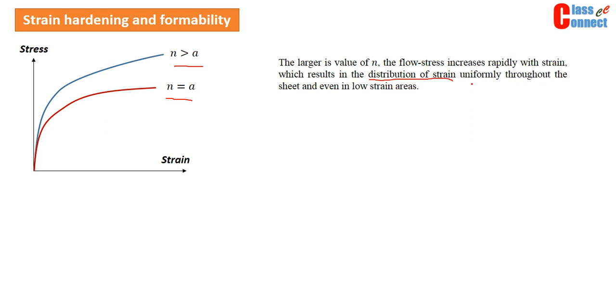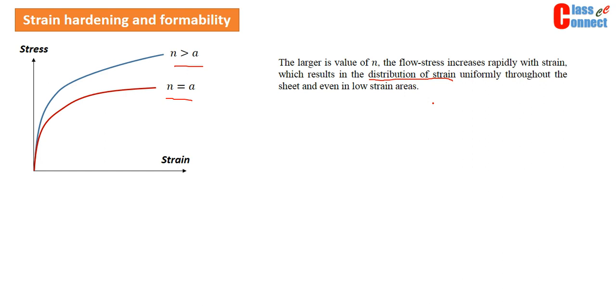That is our main aim in any forming operation: if I am forming some component, every point should go through the same distribution of strain. It should deform uniformly. So that is my main aim.